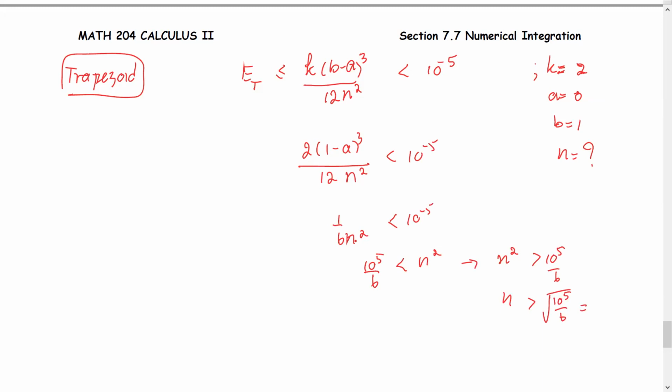Computing it, n is approximately greater than 129.099. So we look at the lowest integer greater than 129.099. So n minimum for the trapezoid would be 130.